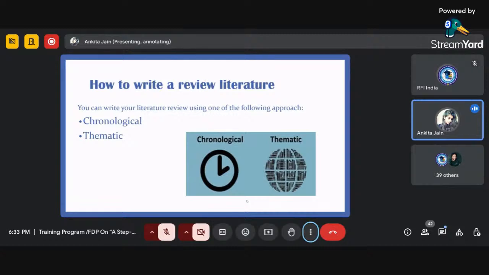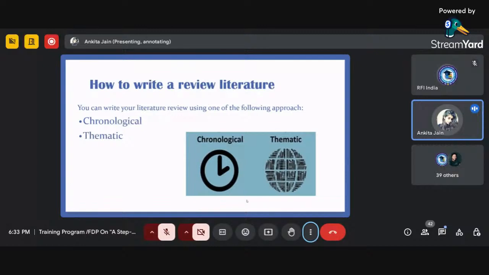Then if you are narrowing down your study to a state, you can also see what studies have already been done in that state. It can be decade wise, time wise, theme wise, perspective wise; any of the themes or the chronological way you can follow for writing a review of literature.